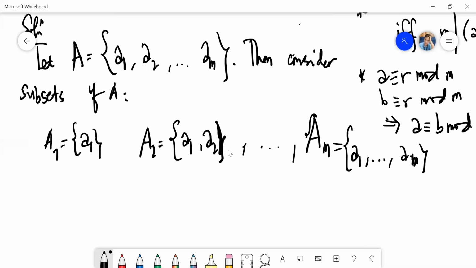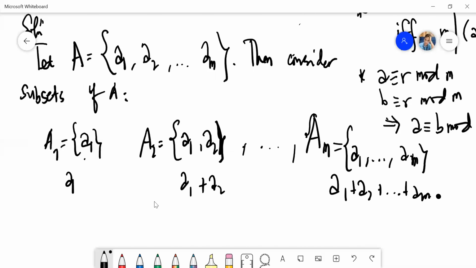The sum of these is just A1, then A1 plus A2, and finally A1 plus A2 up until Am. We're going to consider these.